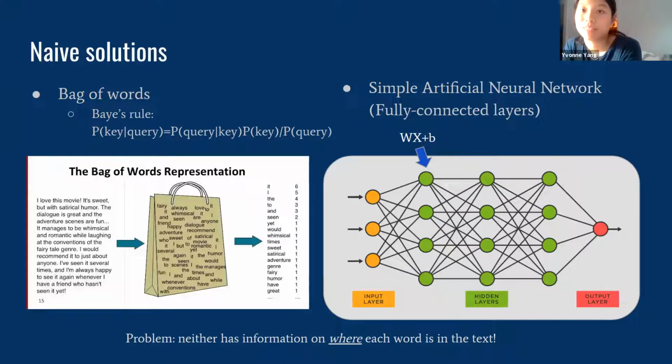Basically you count the frequency of each word, and then you just output the most likely words that will appear in this sequence of words, right? So that doesn't take into account where the word is in the text.